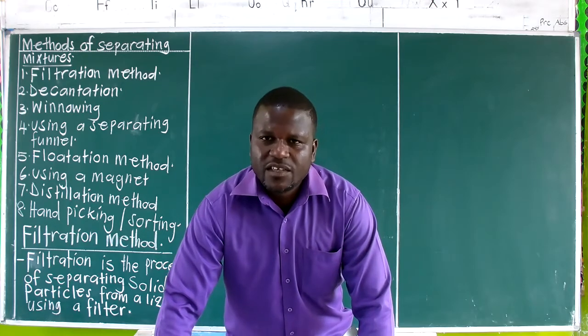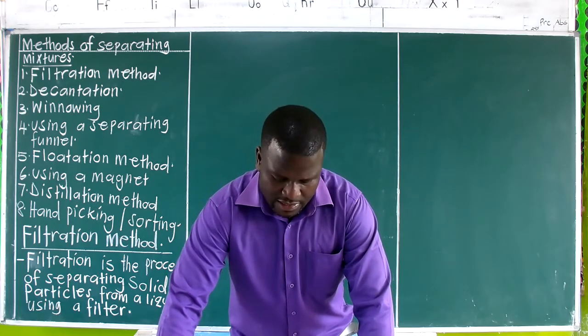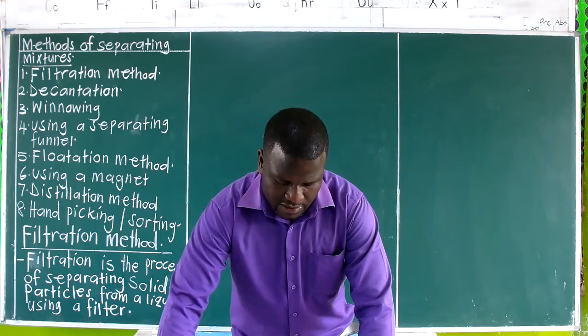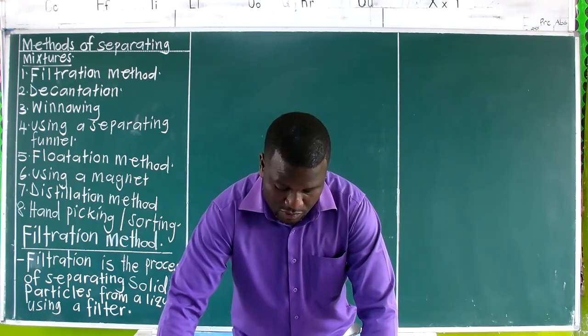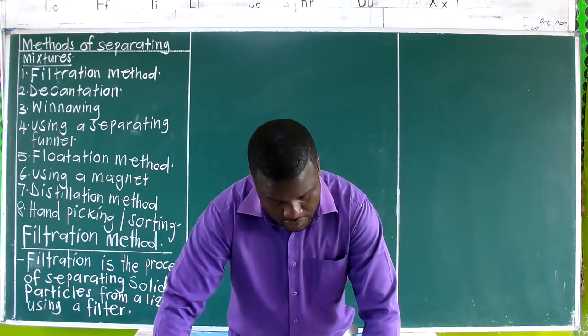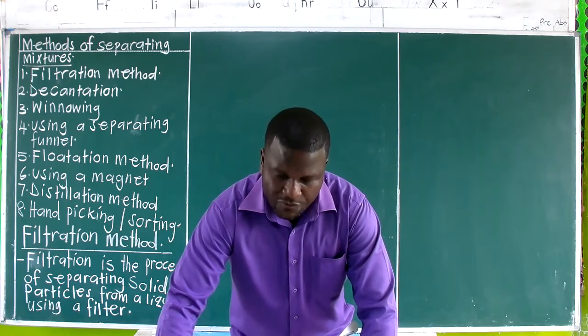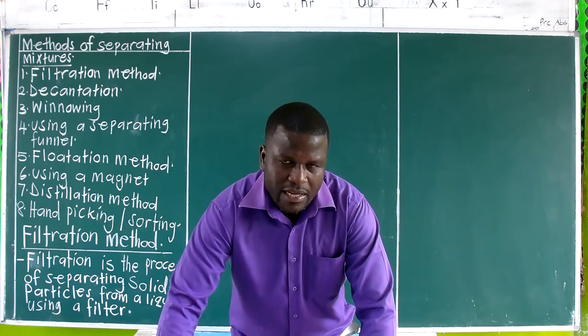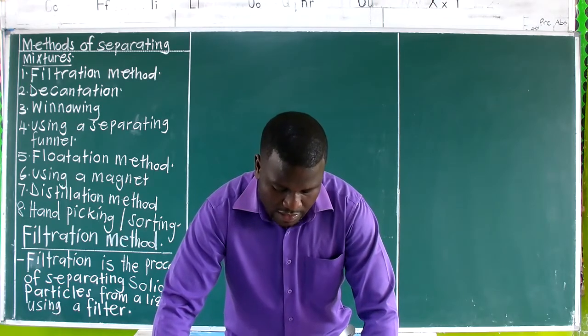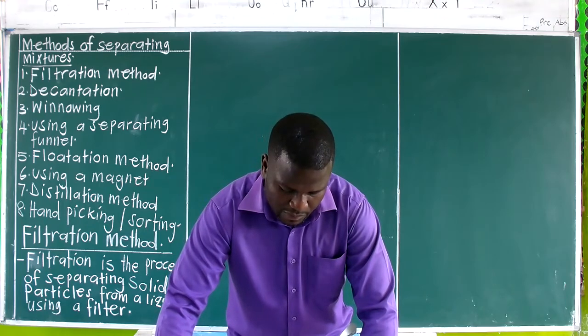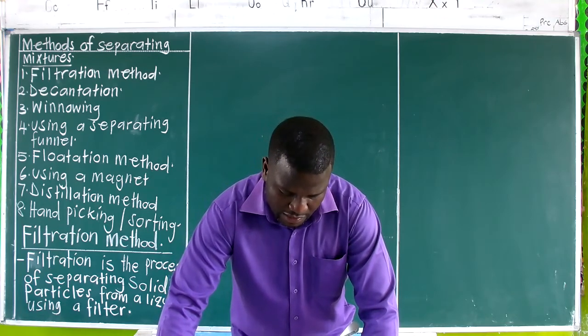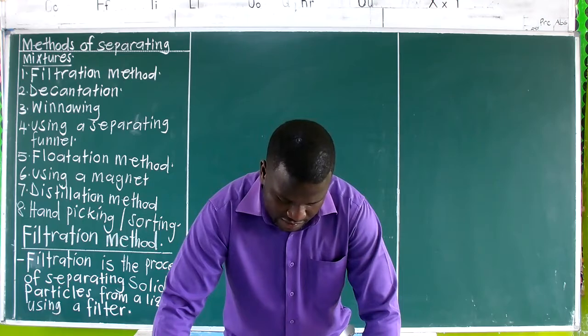Then I was saying a filter is a structure that helps to separate solid particles from a liquid. Examples of filters, we have filter paper, a piece of cloth, and so on. We can use them to separate solid particles from a liquid, and that's why we call them filters.